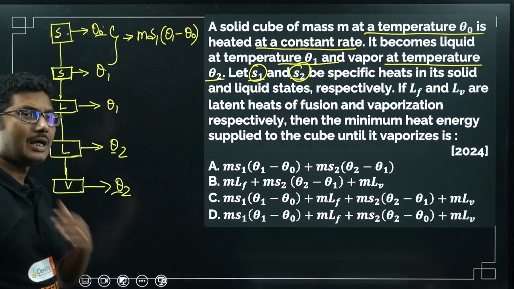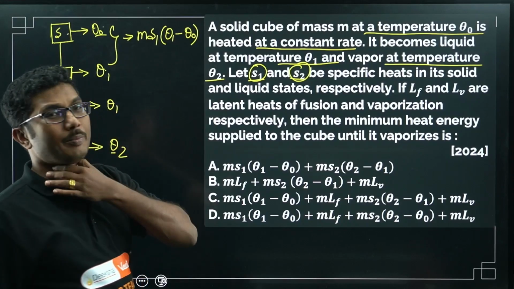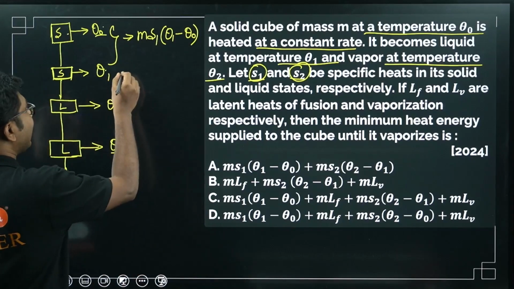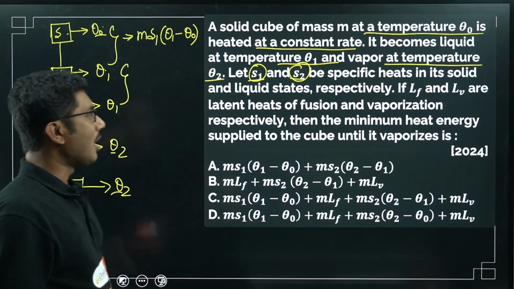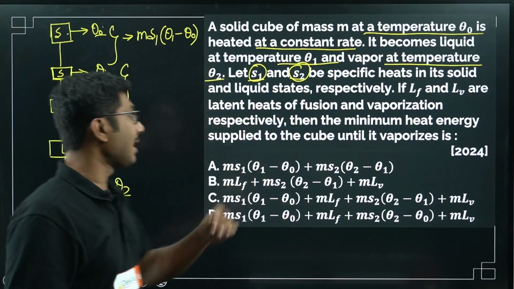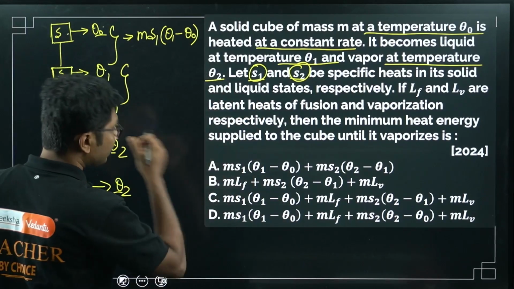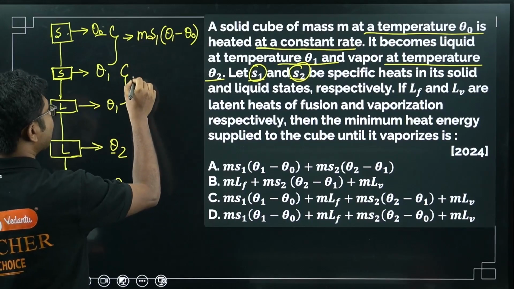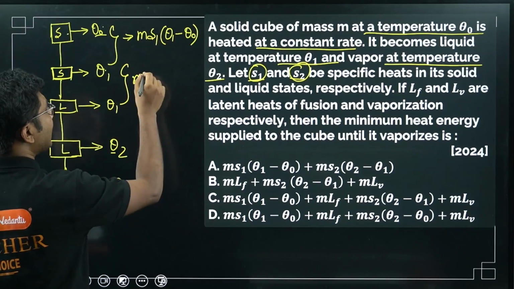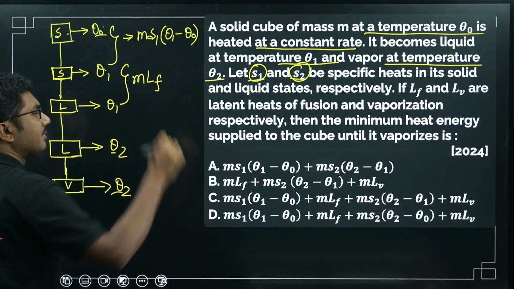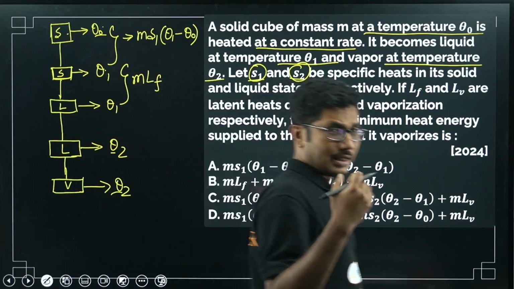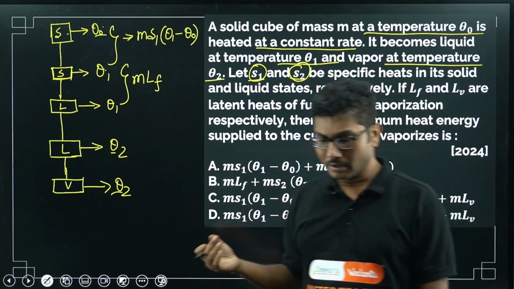So this is the heat required for it to melt. Now what is the latent heat? Latent heat of fusion is given by L F. So mass is m, and the heat required is m L F.